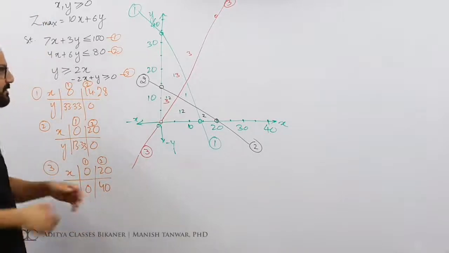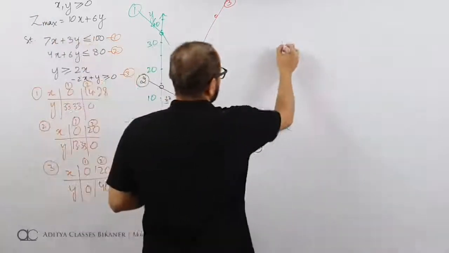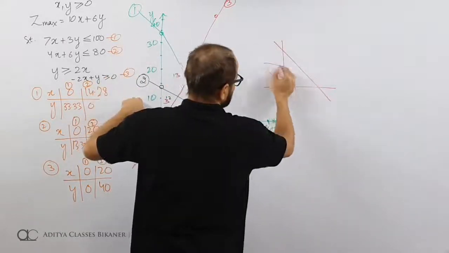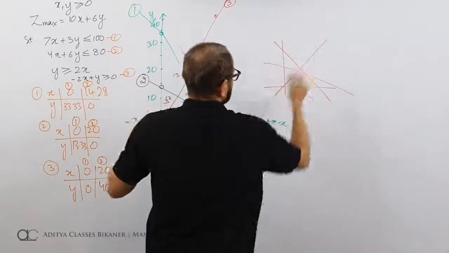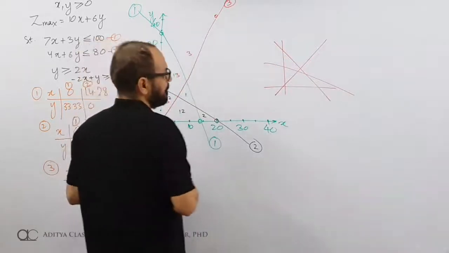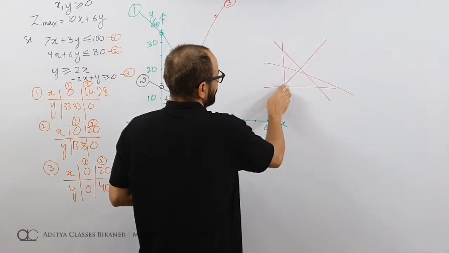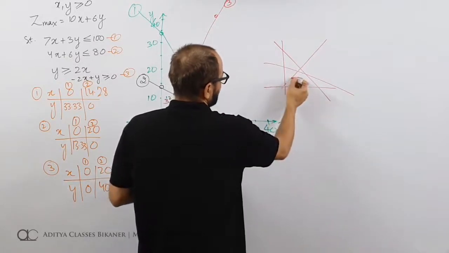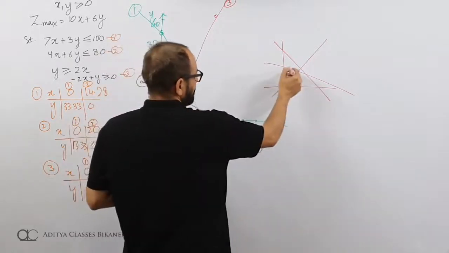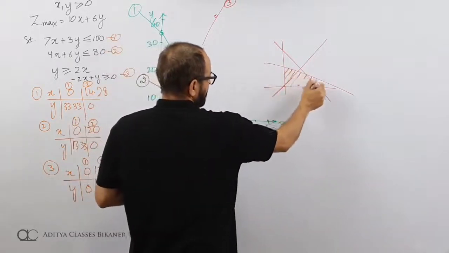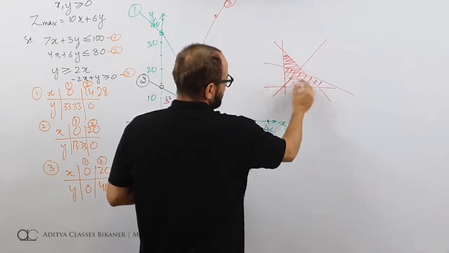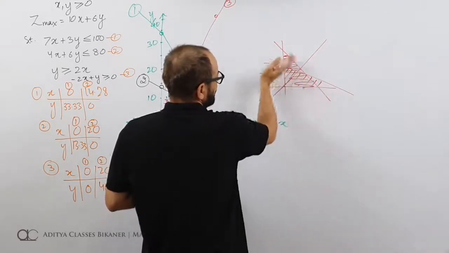I'll plot it in a much smaller version. This is how our constraints are made. This is how our constraints are stacked up. This is less than. This one is also less than. And then this one is greater than.